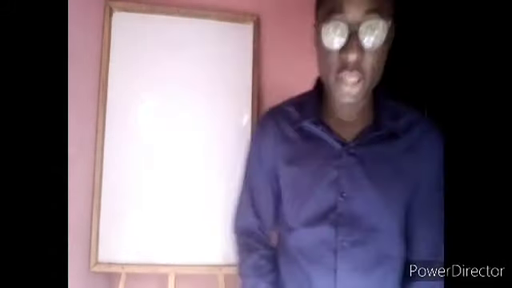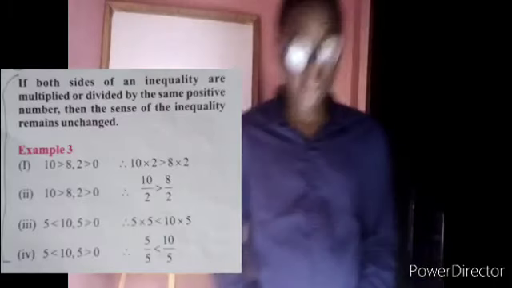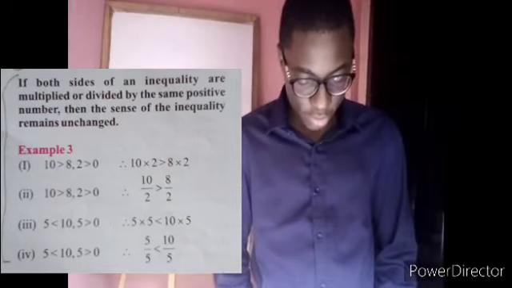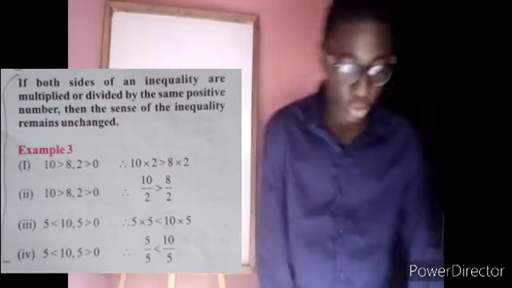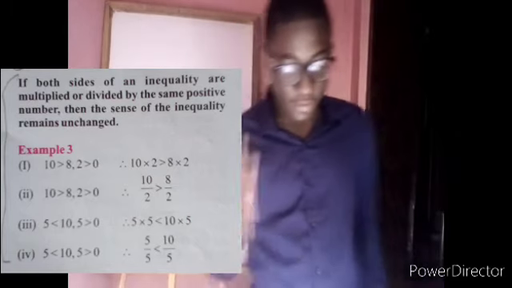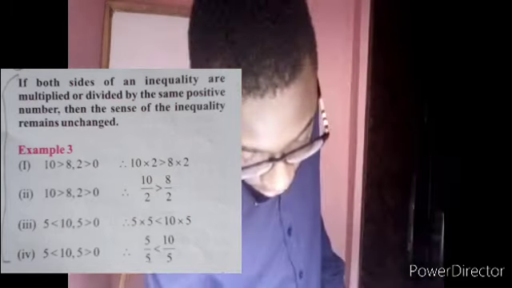Let's start from there. We have the next part of this concept. Listen carefully: if both sides of an inequality are multiplied or divided by the same positive number, then the sense of the inequality remains unchanged. The sense of an inequality is the sign of the inequality.